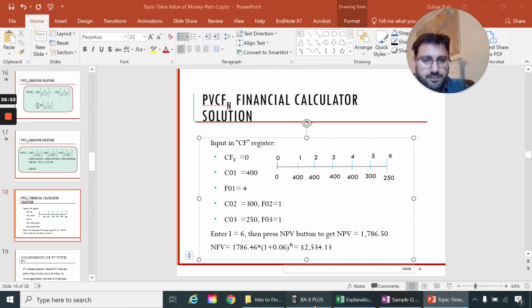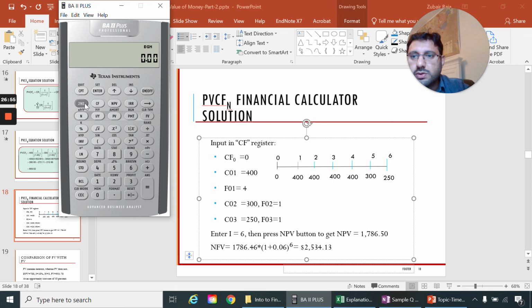So look over here. I'll go into the cash flow worksheet and always clear the register, so that if there is any calculation from the previous question, it gets cleared out, right? Now, what is my cash flow at the start, at the 0 time period? Right now it is 0, right? So 0, I'll press over here, enter, go down. What is my first unique cash flow? 400.